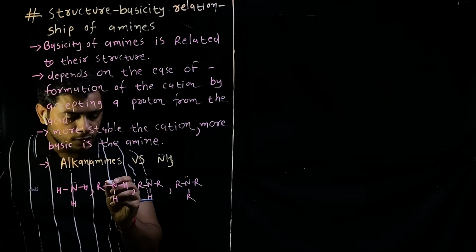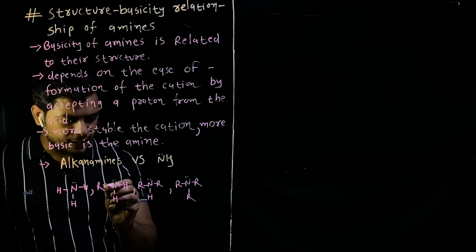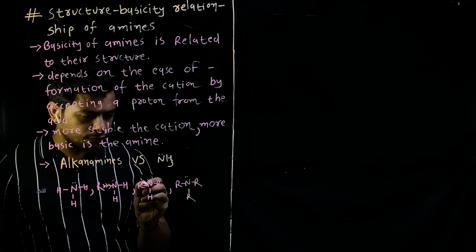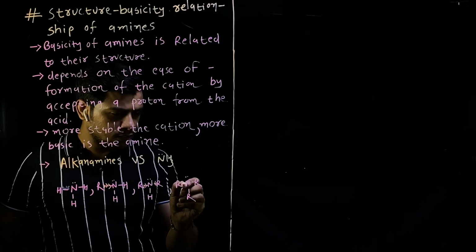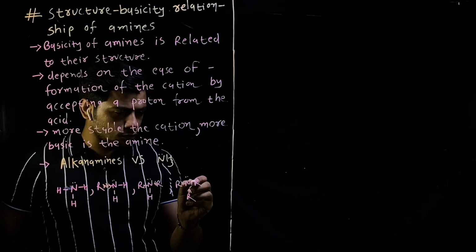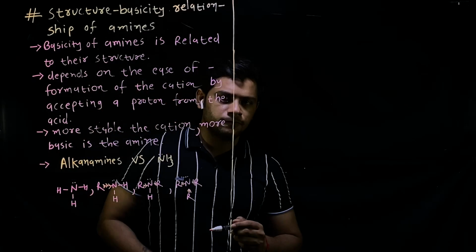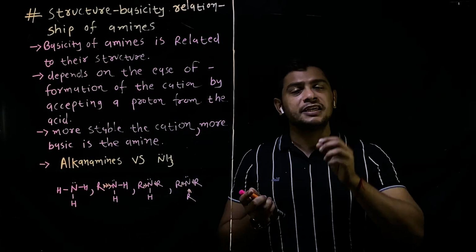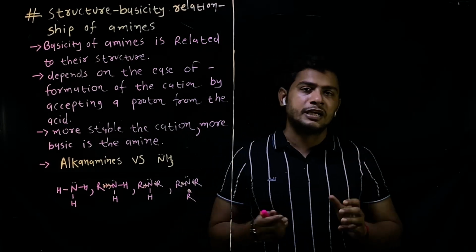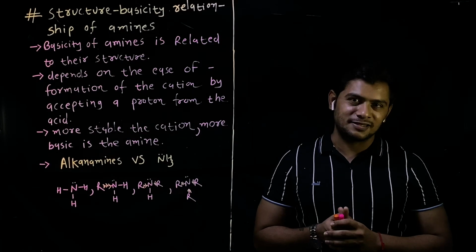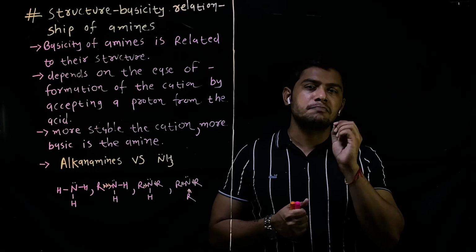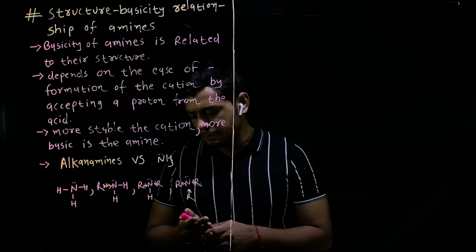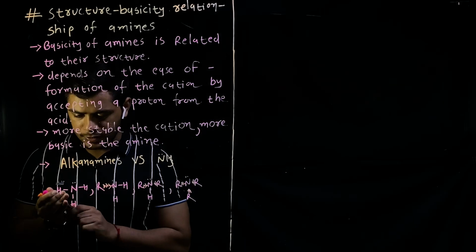and if this alkyl group donates electrons, then the availability of electrons on nitrogen increases. So it will donate electrons faster, more easily. And as the ease of donation increases, basicity also increases. So this is the first concept to understand basicity of amine. Let me make a point.